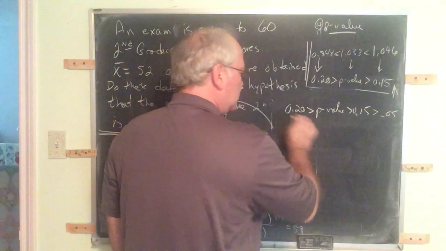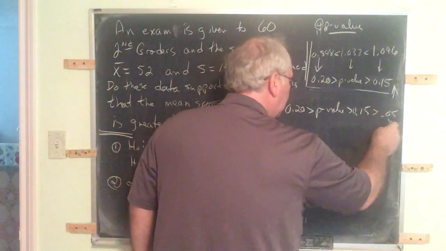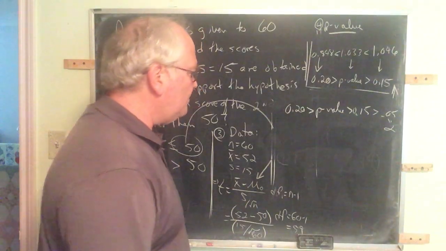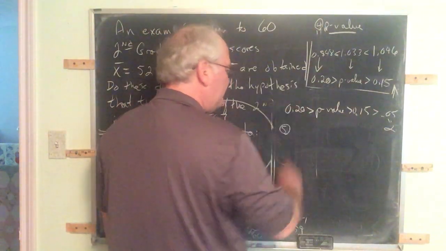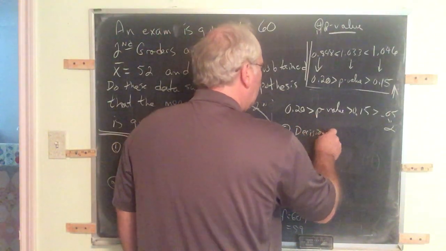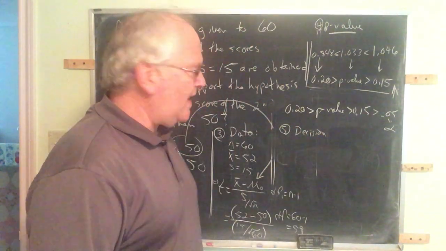So this is where alpha falls in this inequality string. Is the p-value, for decision rule number 5, the decision, less than alpha?